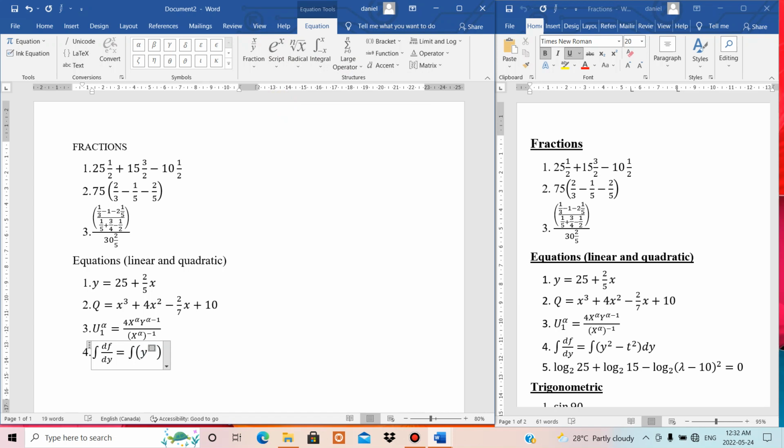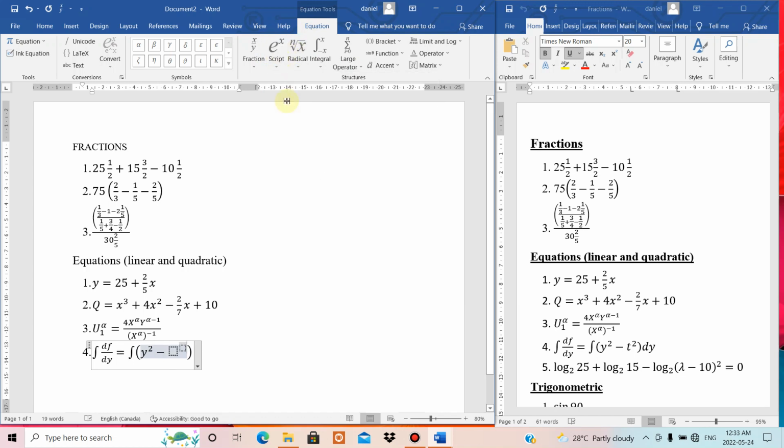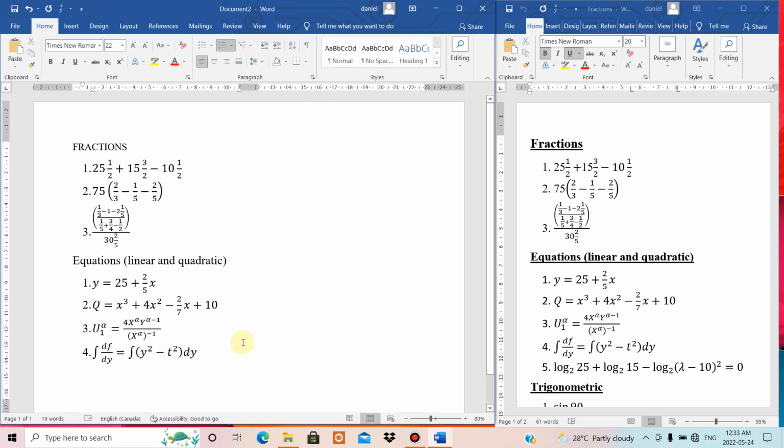So y exponent 2 minus another script t exponent 2, all times dy. So that is that. You've beautifully duplicated that.